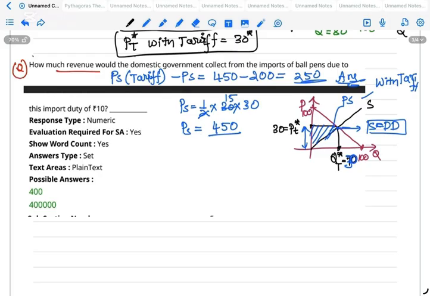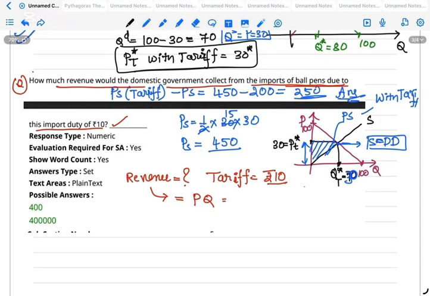How much revenue would the domestic government collect from the imports of all ball pens due to the import duty? They are asking to find the revenue, which is price times Q. If the tariff is given, replace price with tariff. Here the revenue to the government is tariff times imports with tariff.